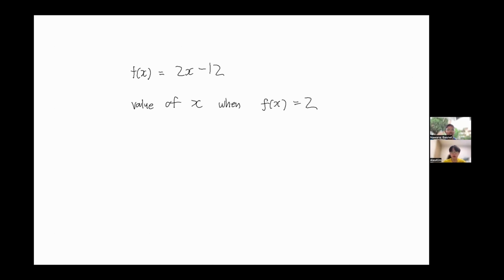Is it 7, sir? Oh, yeah, that's exactly how you do it. So this is the same as 2x - 12 equals 2. So you send the 12 to the other side, 14, and x will equal 7.